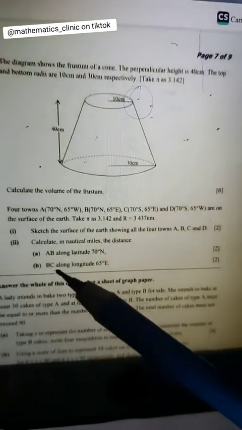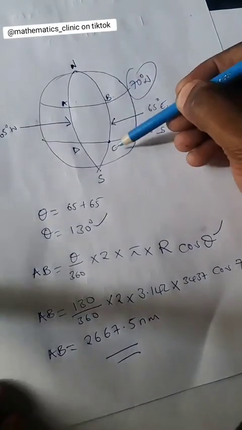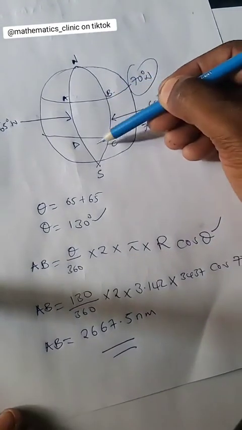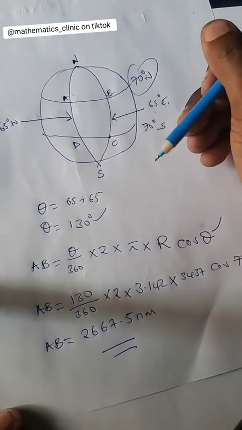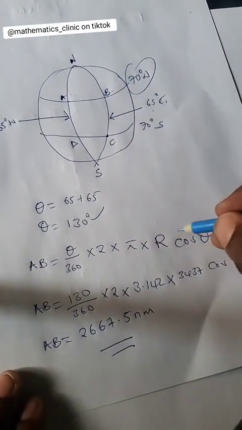Let's continue. The next question asks us to find the distance BC, from B to C. It's along a longitude, and all longitudes are great circles, so the longitude won't have cos.